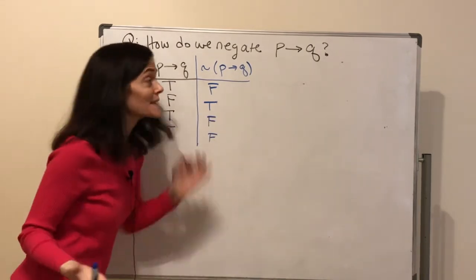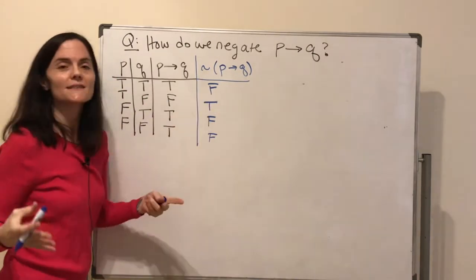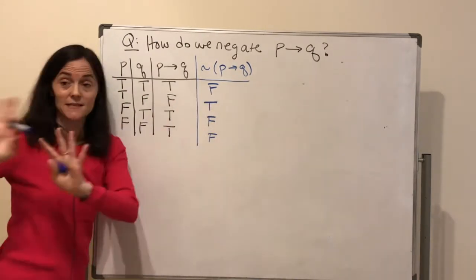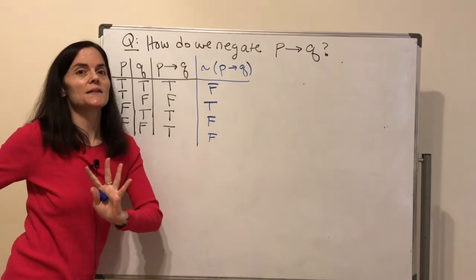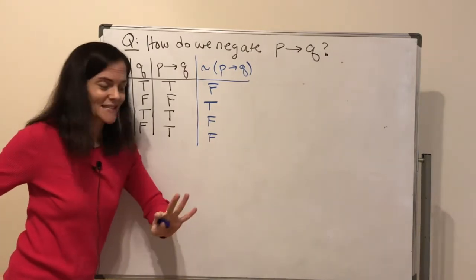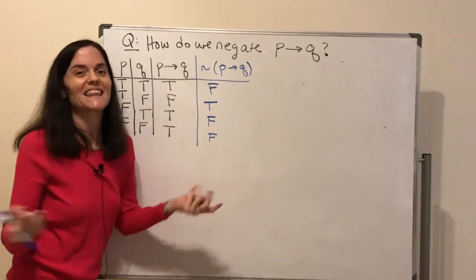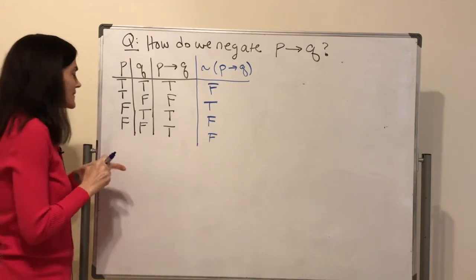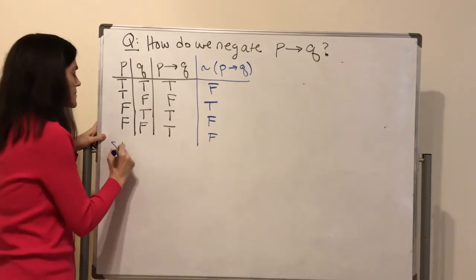But I want to express this as something that doesn't have this not all the way out in front, because when we have sentences, that's sort of hard to interpret like this. Well, I will do this in 2 steps.